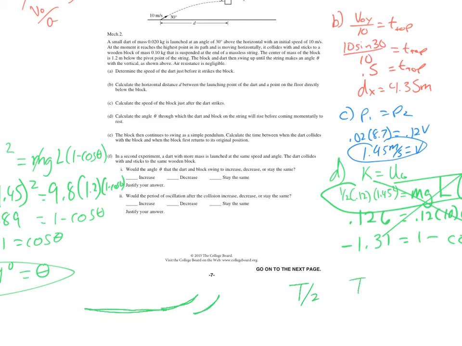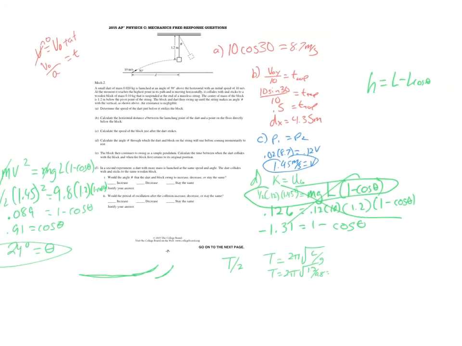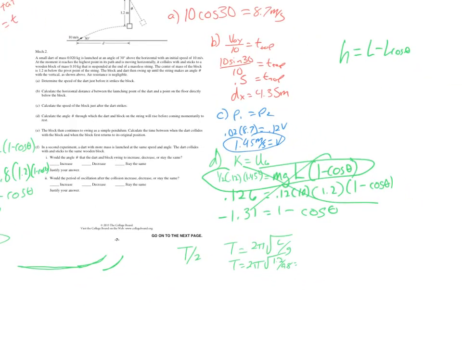The period of a pendulum is equal to 2 pi square root of L over g, so the period would be 2 pi square root of 1.2 over 9.8, and that's 2.2. Then I'm going to divide that by 2 to get the answer, so it should be 1.1 seconds.